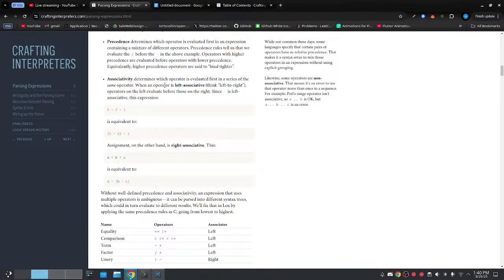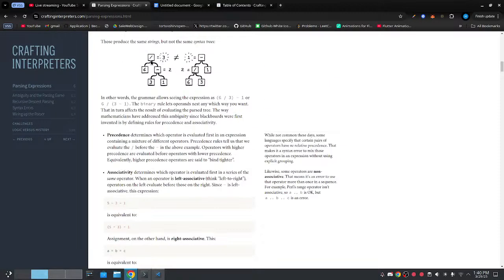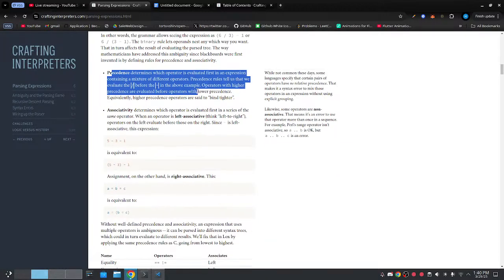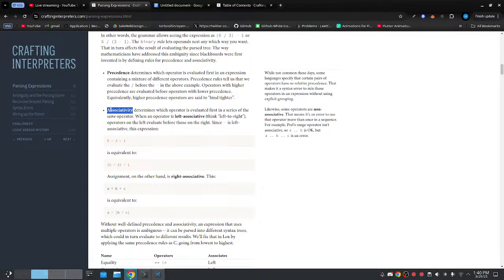So precedence determines which operator would be given higher priority than the other one. This is precedence. I'm a bit confused in this. What is left associative and right? Left to right, or what is evaluated first in a series of the same operator? Oh, okay.